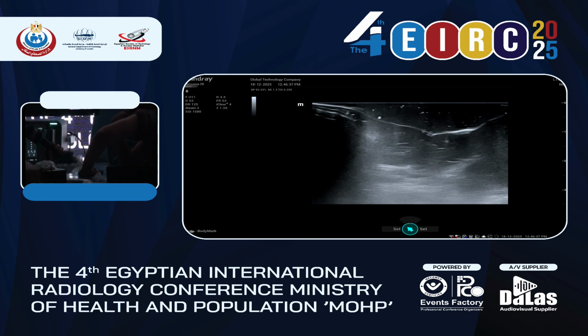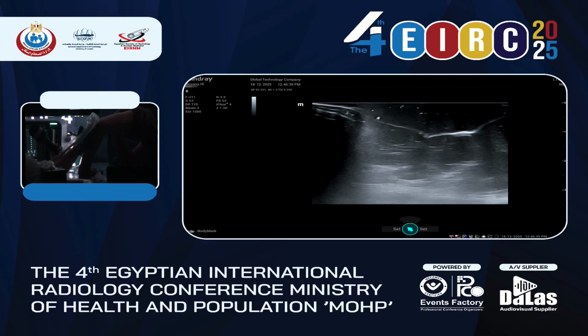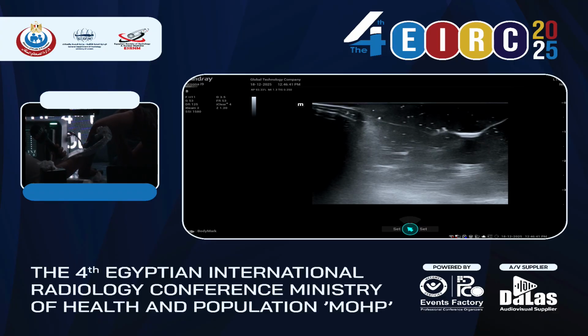So the way to do it, we palpate the olecranon and we palpate the medial epicondyle, okay? Between the olecranon and the medial epicondyle, there is a tunnel which is called the cubital tunnel, and this is where we find the ulnar nerve.